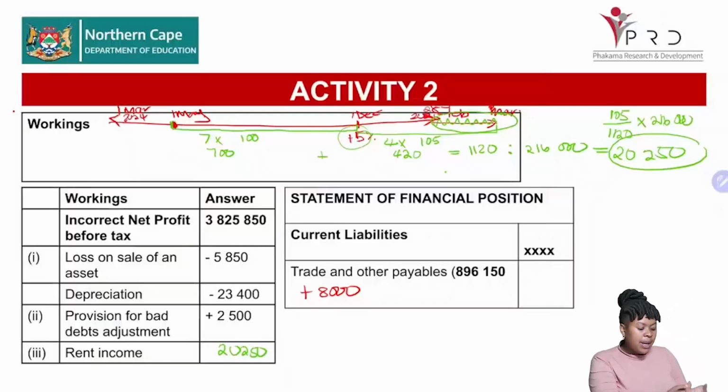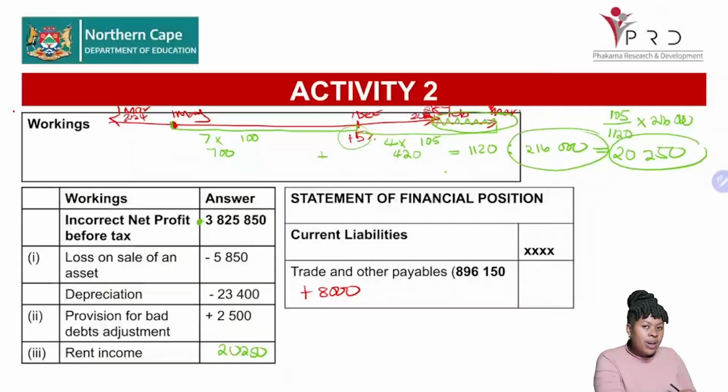So then I will have the 20,250 over here. Now we are dealing with the correction of net profit. So the question is, in this total, did the bookkeeper include the 20,250 when they reported or not? The bookkeeper included the whole 216,000.